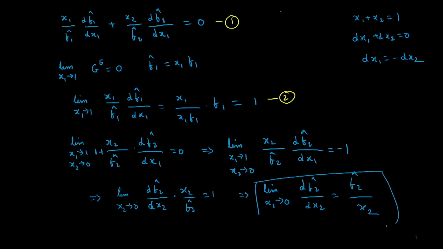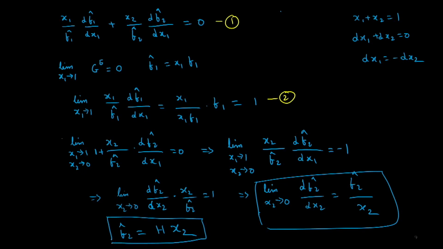What this means is that the slope will be same as the ratio of f2 hat to x2, or f2 hat will be the slope, whatever that value is, multiplied with x2. We call that slope as h, or the Henry's constant.